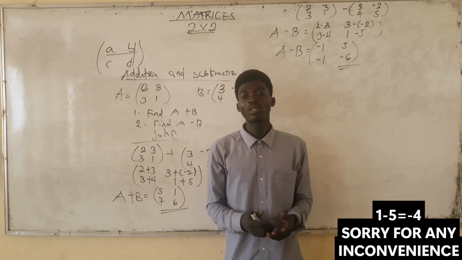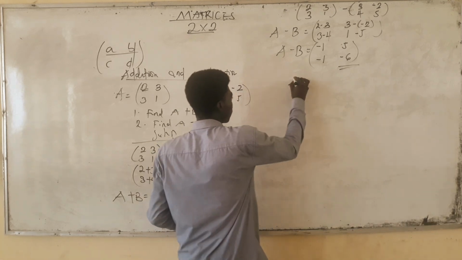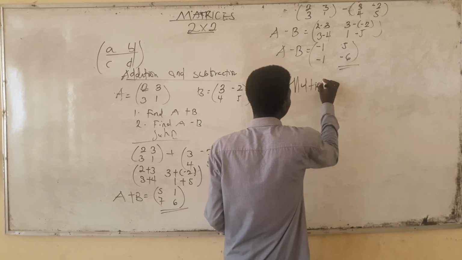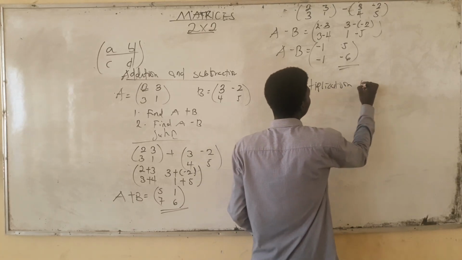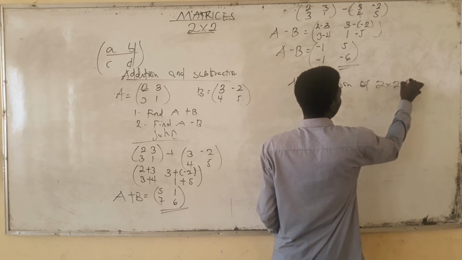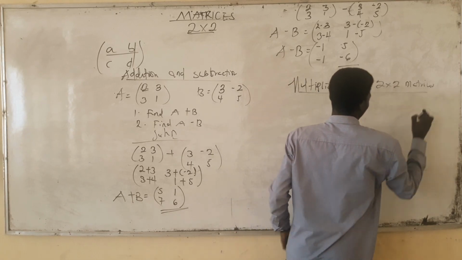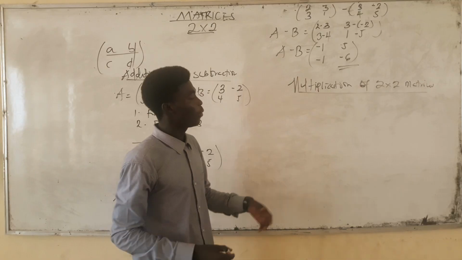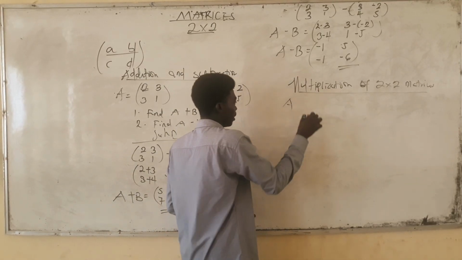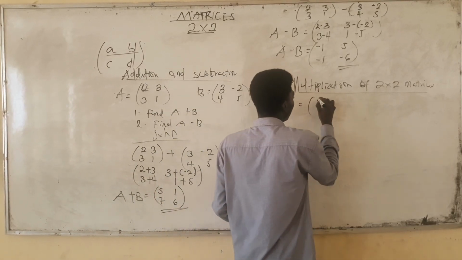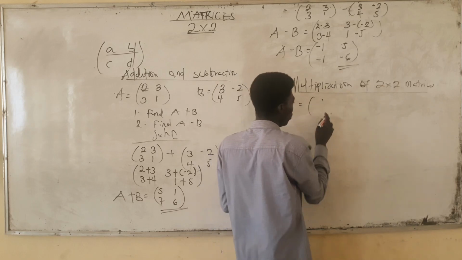Now let's go straight into the multiplication of 2 by 2 matrices. Okay, so with the multiplication, let me use the variables first.